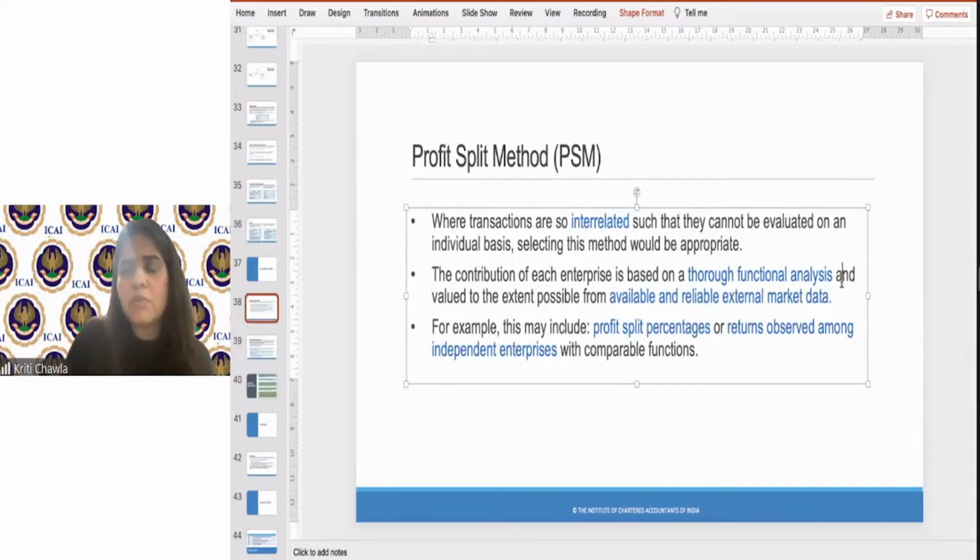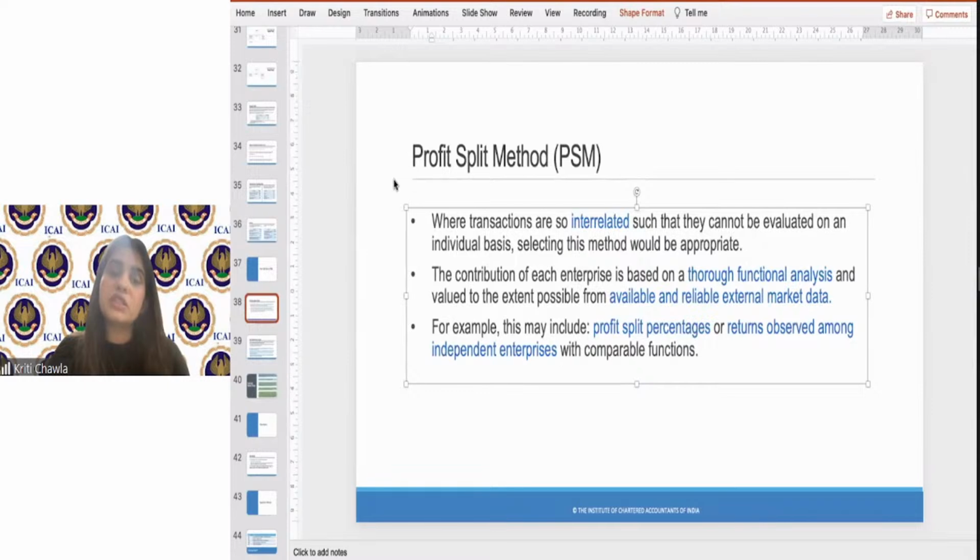So you have to come up with a profit split percentage to see how to split profits from that transaction. But you cannot segregate that transaction. They're very, very interrelated. So that is the profit split method.